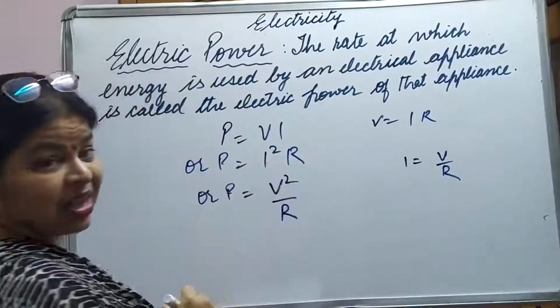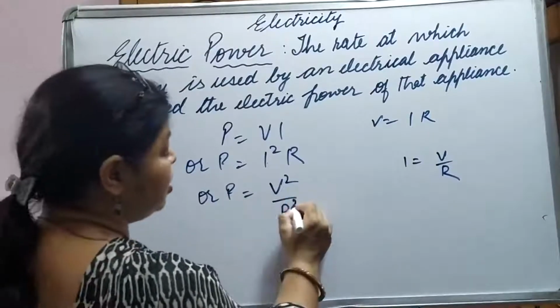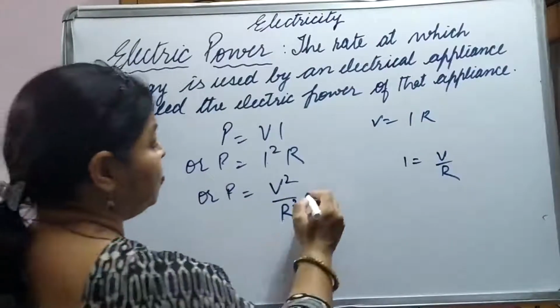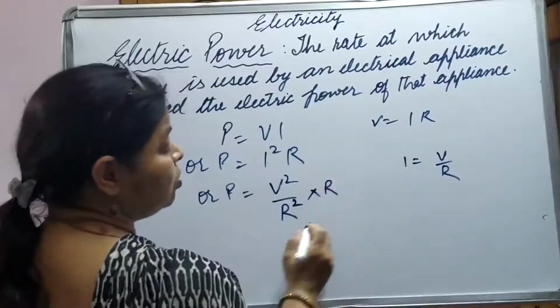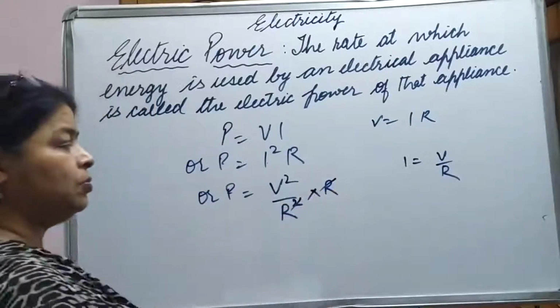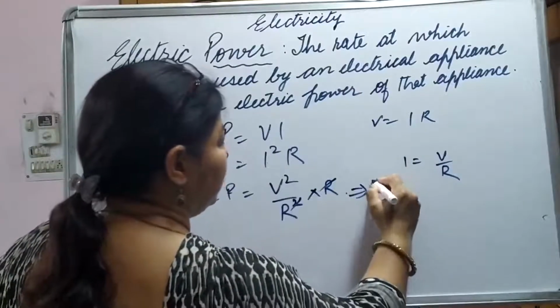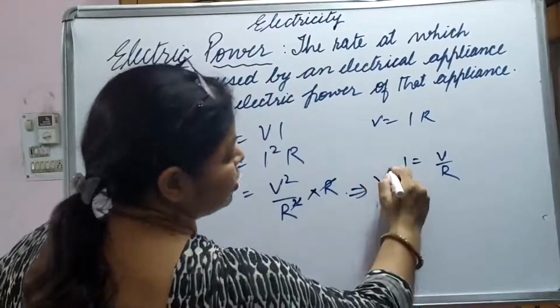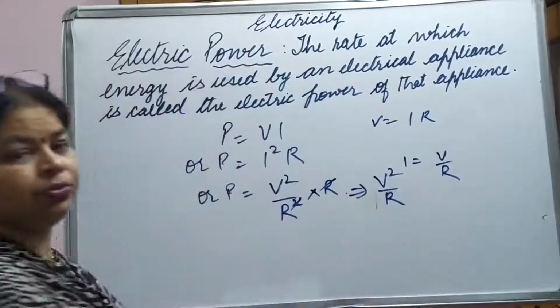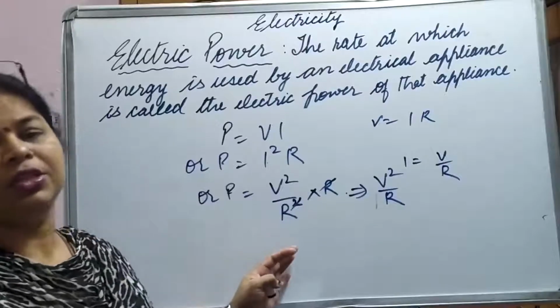If I replace I with V upon R, then it becomes V square upon R square into R. So R will be omitted and it will become V square upon R. So in terms of Ohm's law, we can use it in this way.